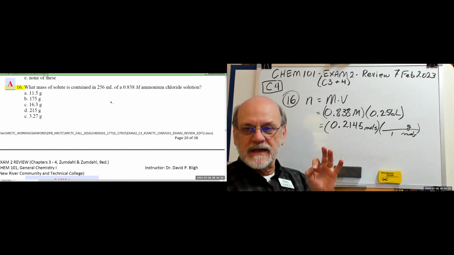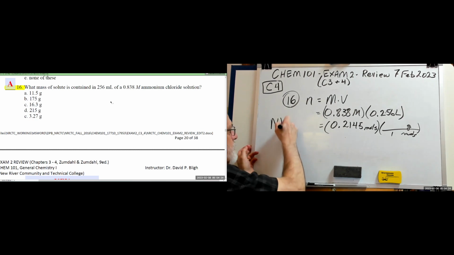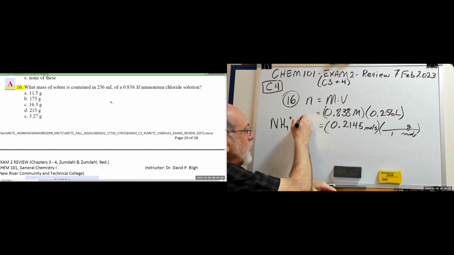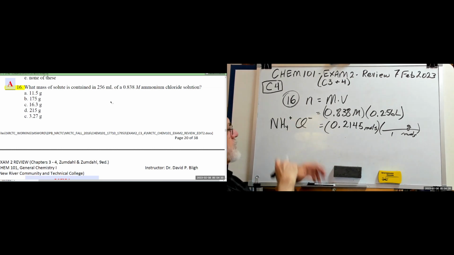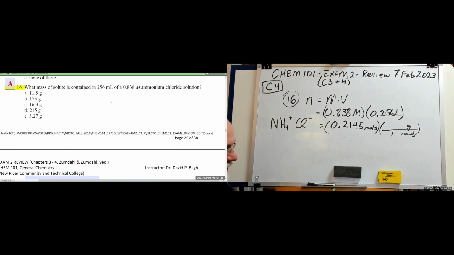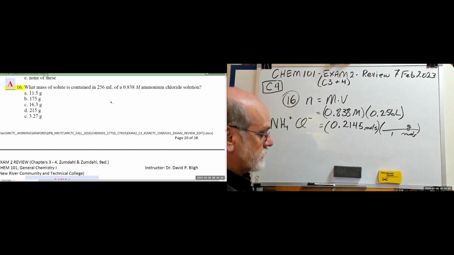Ammonium is a polyatomic ion with a 1+ charge. And the chloride is a -1 charge. So that's it. You just need that formula. So nitrogen is 14.01. 4 hydrogens are 4.04. Add that together.